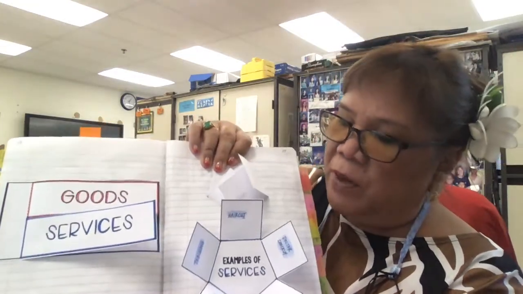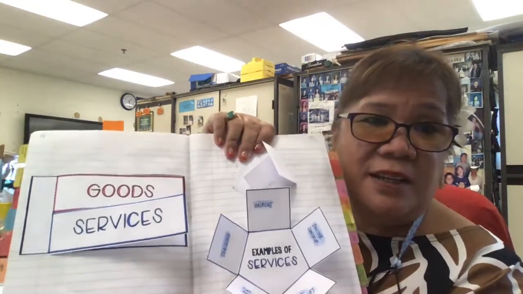Then examples of services. And remember, services are activities that satisfy people's needs and wants. So here are examples of services. We have haircut, doctor's checkup, mail delivery, car repairs, teaching.